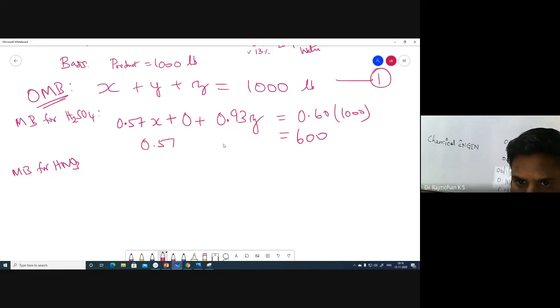We have 0.57x plus 0.93z equal to 600. So that is the individual material balance for sulfuric acid.